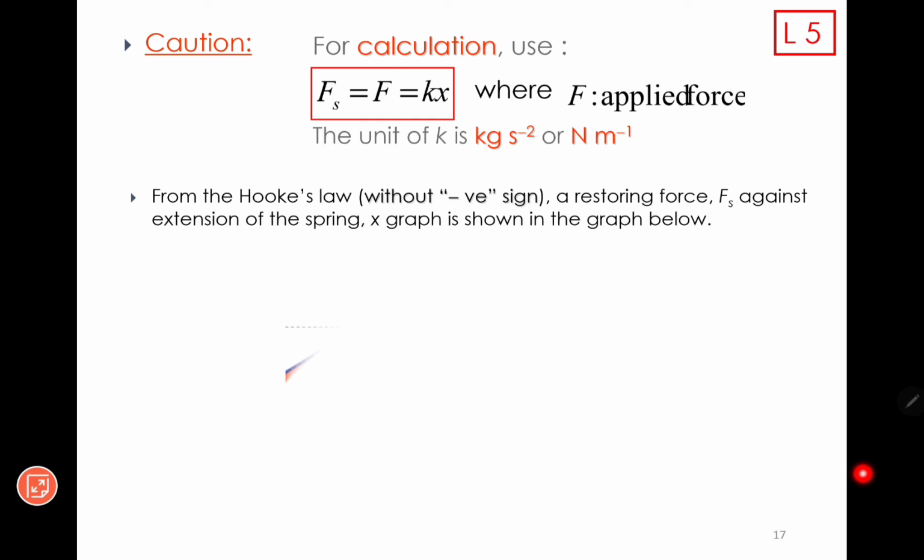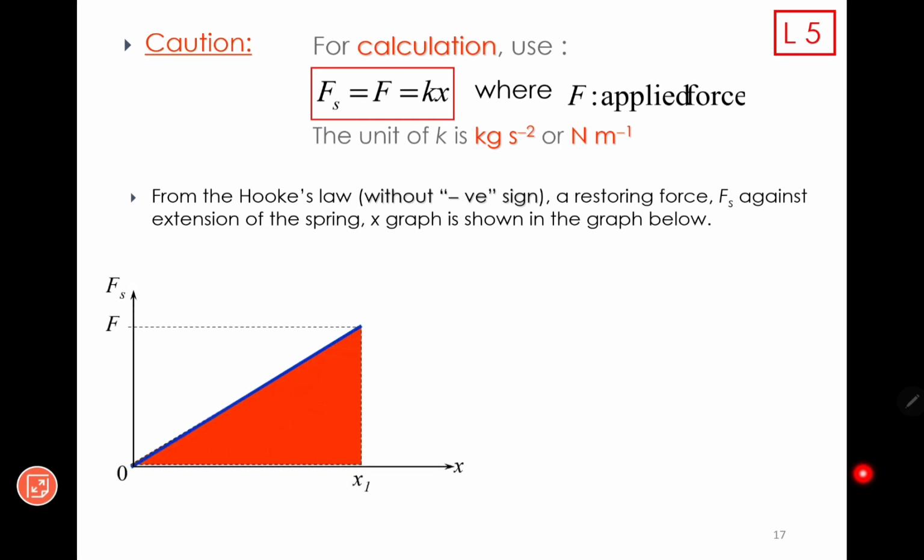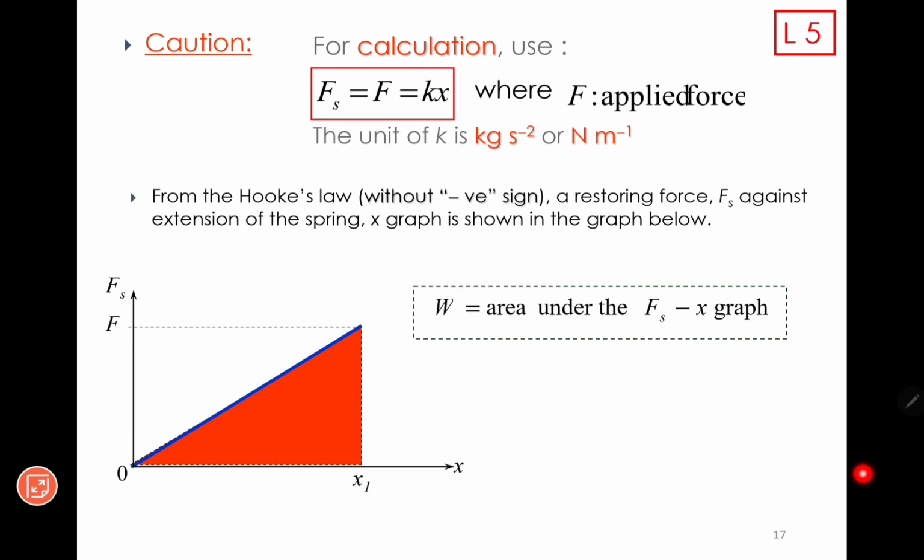So by giving you the F against x graph, how do we get the equation of elastic potential energy? According to the F against x graph, the area under the graph represents work. We are discussing the triangle, isn't it? The area equals the area of a triangle.